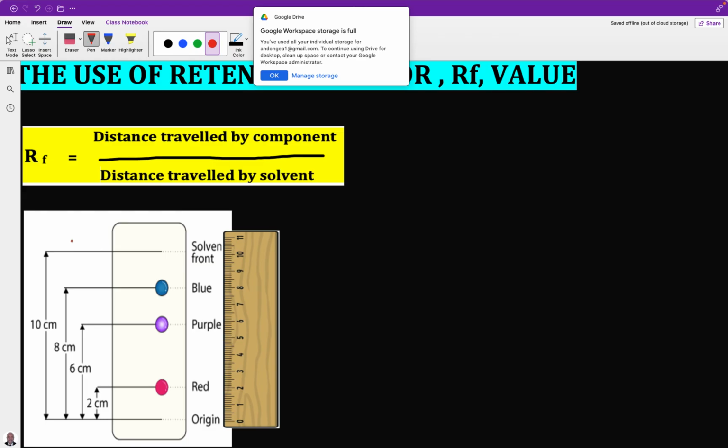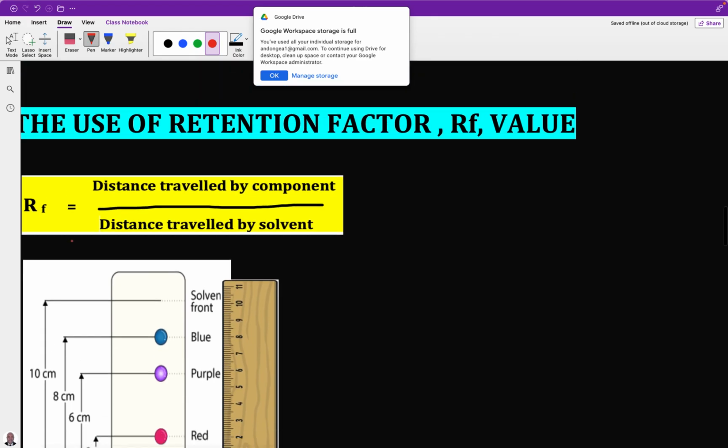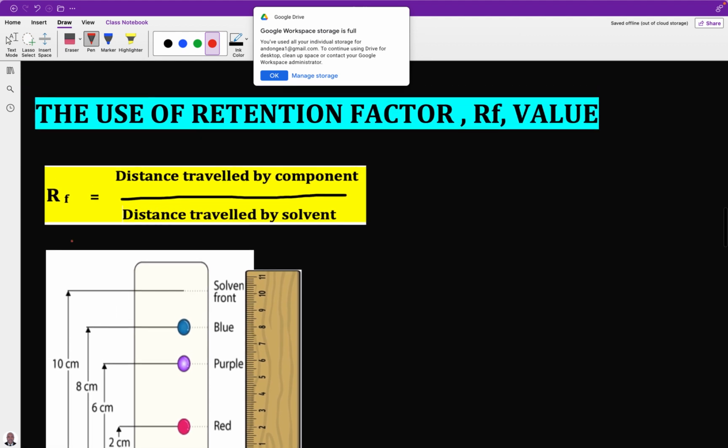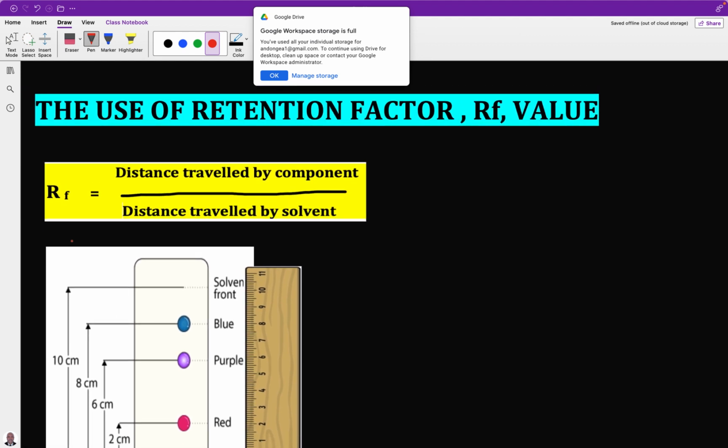Or what is retention factor? What do you understand by retention factor? I think the better thing to do is write this expression. RF is equal to distance traveled by component divided by distance traveled by solvent. If you are asked to define it, it is advisable to give this expression.